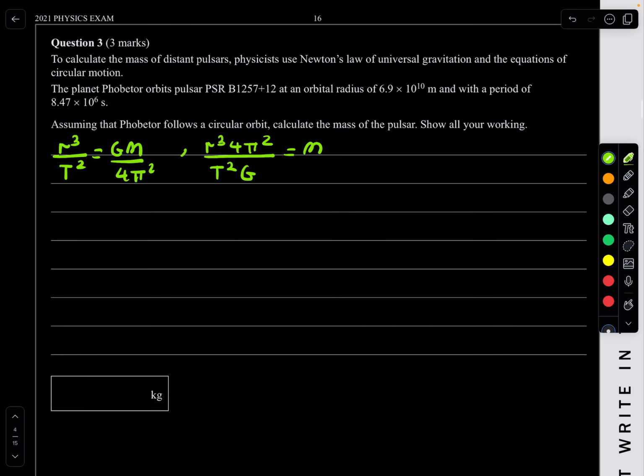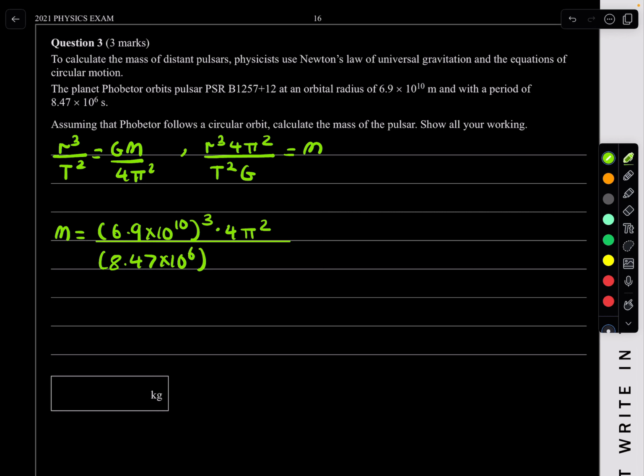Is that right? Yep, looks good. So your mass is equal to r cubed. What's your radius? We said it's 6.9 times 10 to the power of 10 cubed, times 4 pi squared, all divided by your period, which is 8.47 times 10 to the power of 6 squared, and G, which is 6.67 times 10 to the negative 11. And that's it.